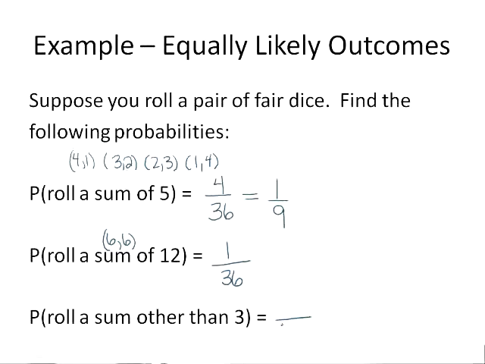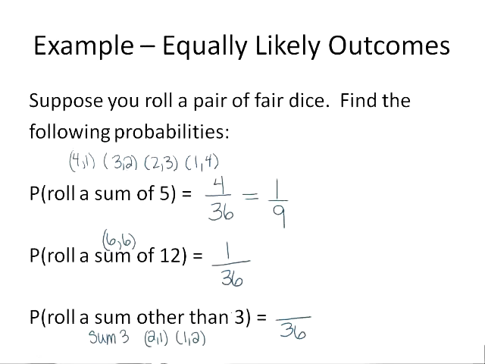The last question. We still have a total of 36 outcomes, but how many of them have a sum other than 3? Now for a sum of 3, how many outcomes are there? There's the 2-1 combination and the 1-2 combination.